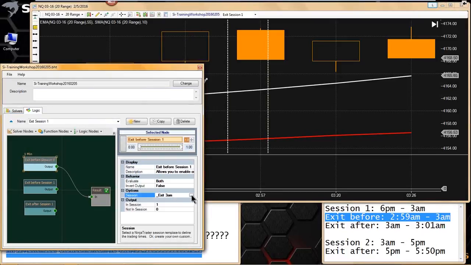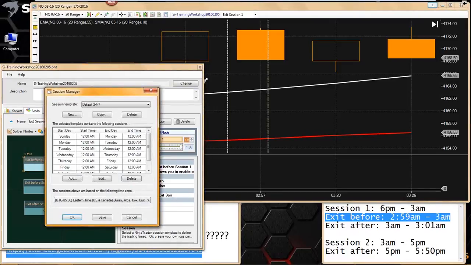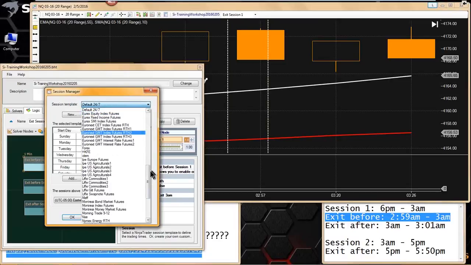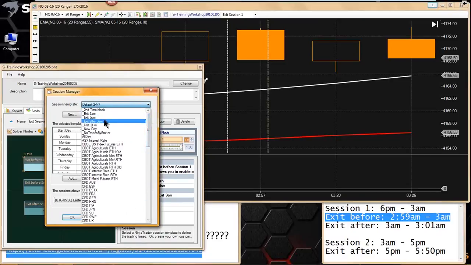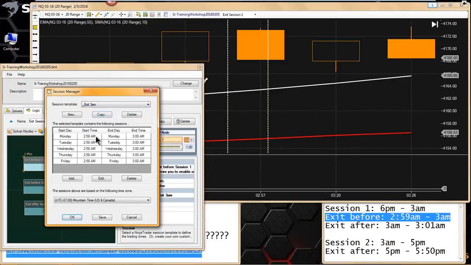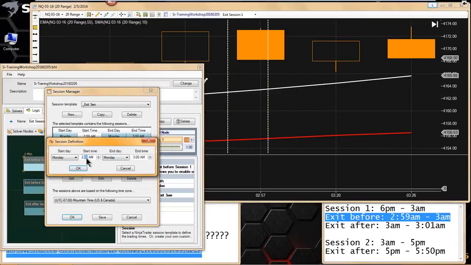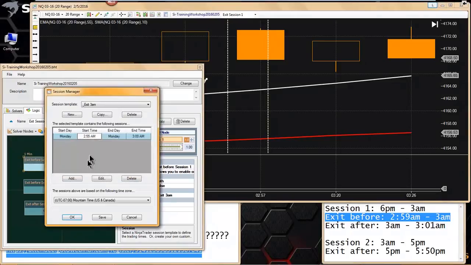Now, just to further demonstrate something that would work, if I edit this, we'll make a 5-minute window here. So we've got a 5-minute time span window.